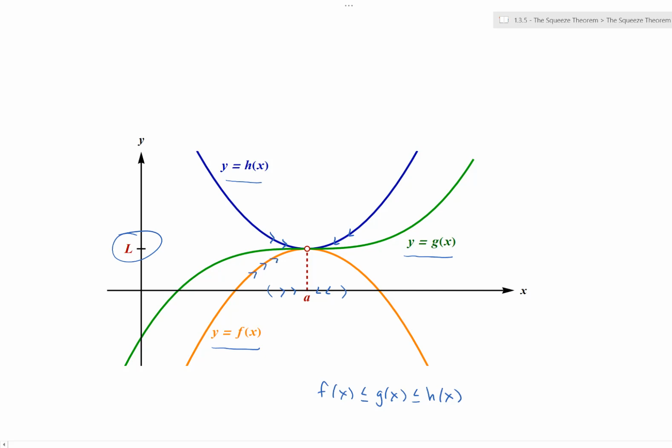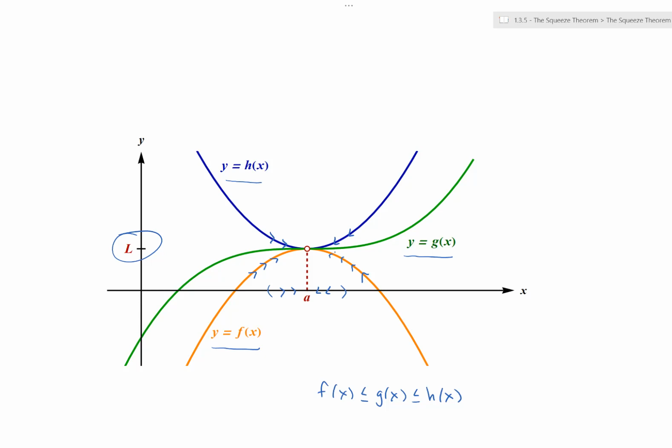Moreover, f of x is also approaching that same number L. And because g has to have values in between f and h, it must be true that the limit as x approaches a of g of x is also L.